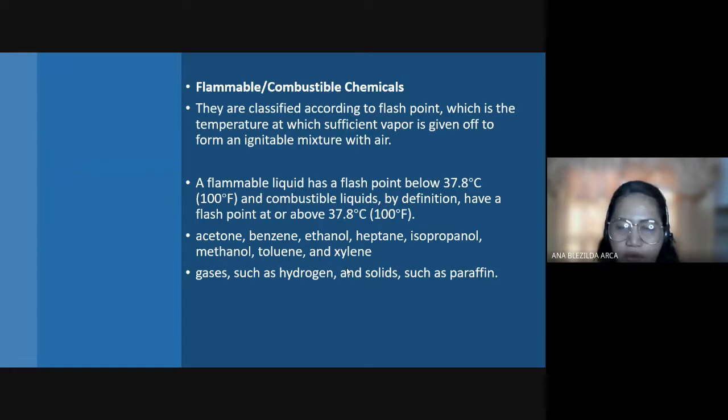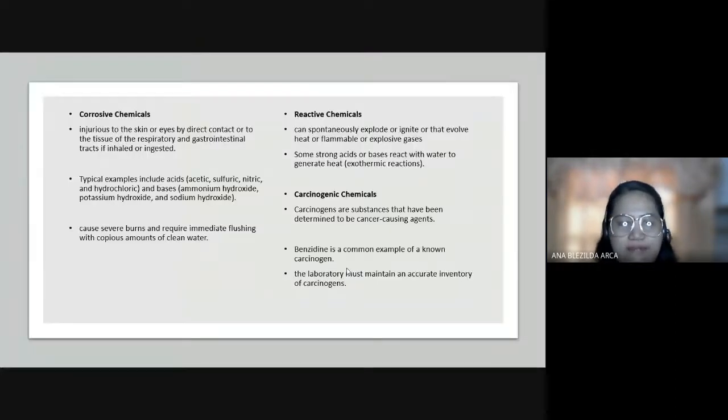However, kung kailangan niya pa ng higher temperature, 37.8 ang kailangan niya para mag-cause ng ignition or umapoy, di ba? Combustible ang tawag sa kanya. So example of those are the acetone, benzene, ethanol, heptane, isopropanol, methanol, toluene, and xylene. And also you have the gases such as hydrogen, solids, and paraffin.